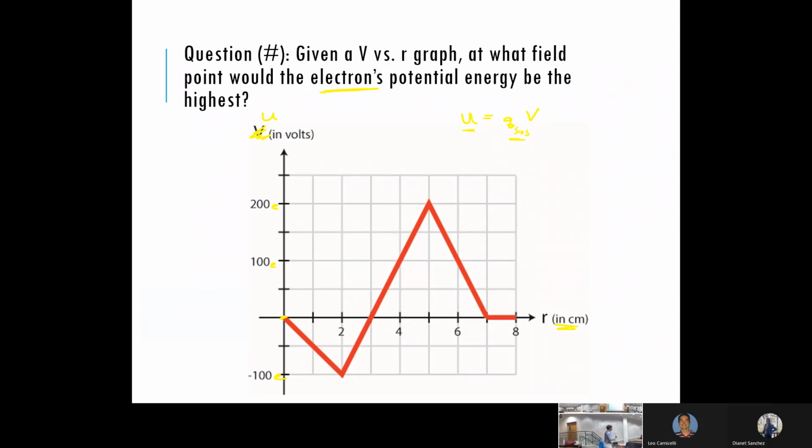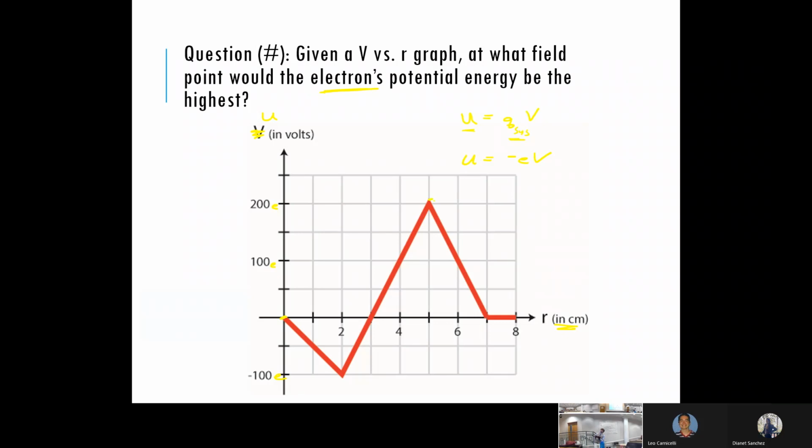So how about for the negative charge? What would change? Yeah, just the sign. In other words, graphically, what should I do? Flip the whole graph, right? That's for a proton. If I do an electron, I should do U equals negative e times V. So wherever I see a positive V, it now becomes negative.